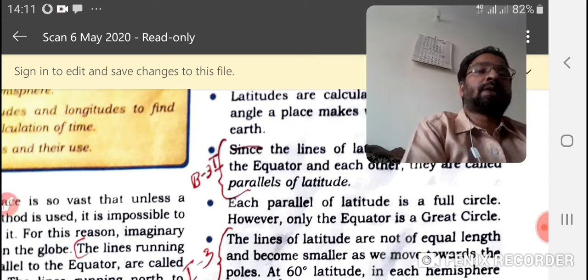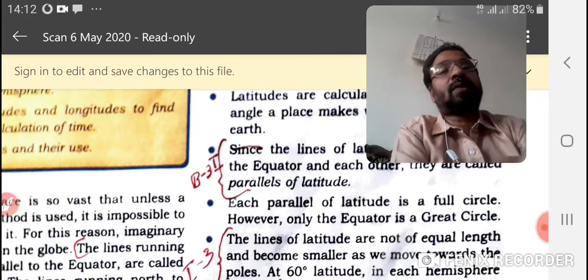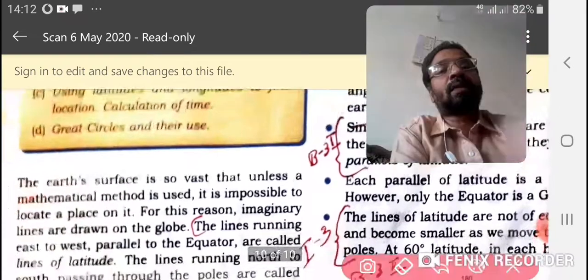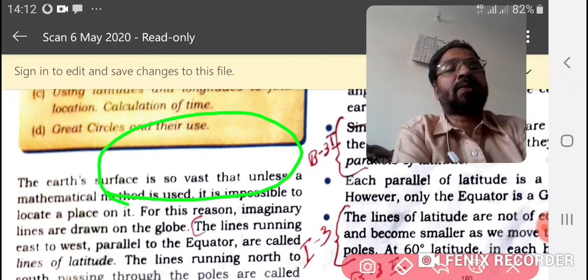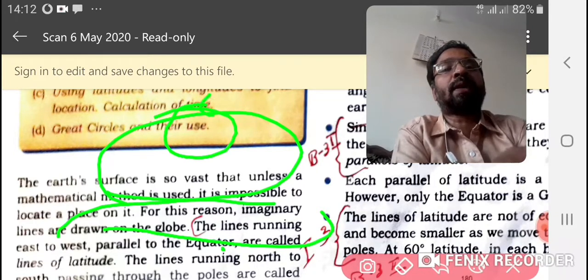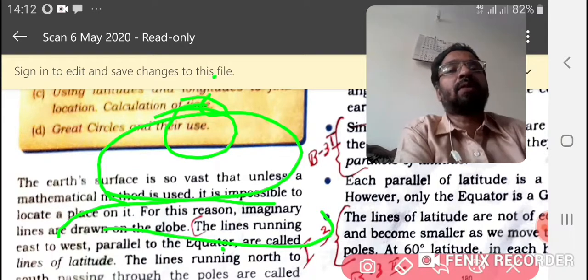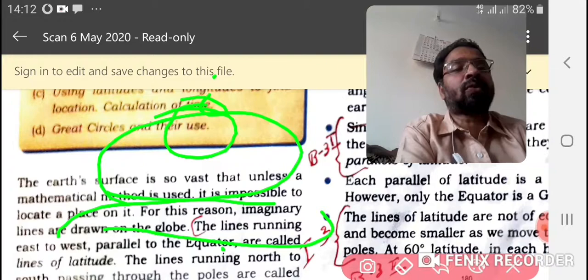Each parallel of latitude is a full circle. The biggest circle is the equator. While we go towards the pole, at the end the circle will be a single dot.